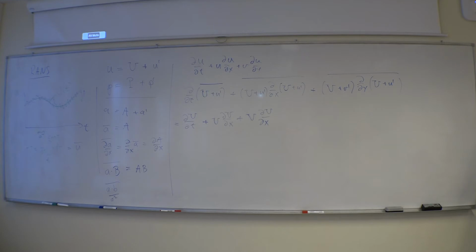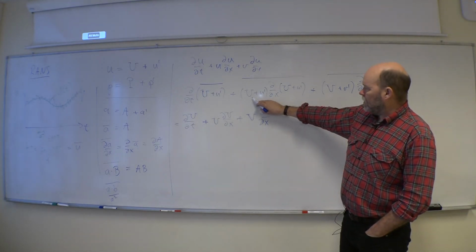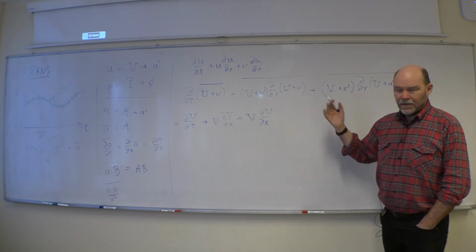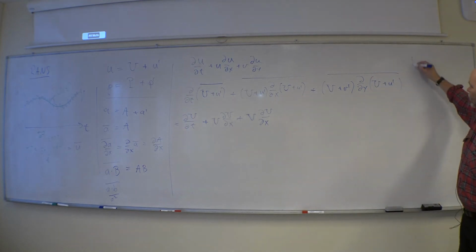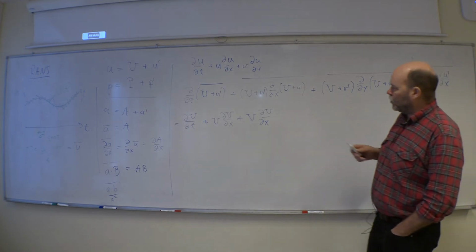And now if you start combining, if you take the mean here and the fluctuating there, they will always disappear. They will be of the type U d u fluct d x, and this one averaged disappears. When you have only one fluctuating quantity and then time averaging, it will disappear.